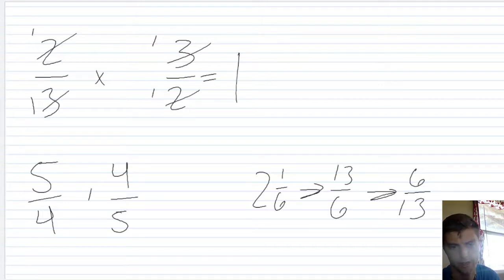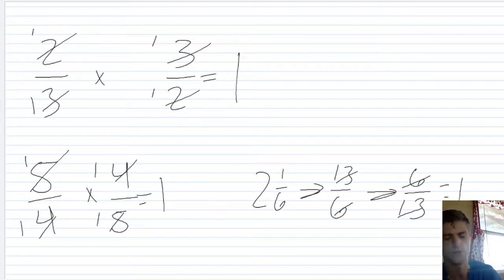Let's take a look at down here. Well, we got cancel. We're just left with 1, and down here we've got cancel. We're left with 1. So what's special about reciprocals is that if you multiply them by each other, they always equal 1. And that's because a reciprocal is the inverse of what we already had.